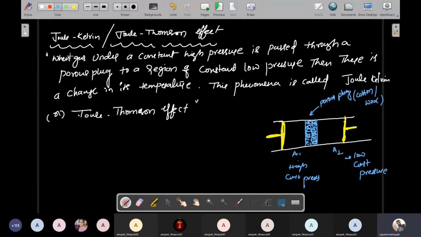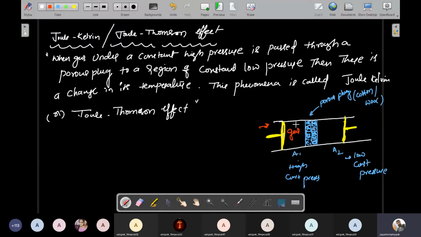Inside there is a gas. Now the first piston is pushed towards the porous plug, in this direction. Then what will happen? The gas travels from high constant pressure to low constant pressure through the porous plug.